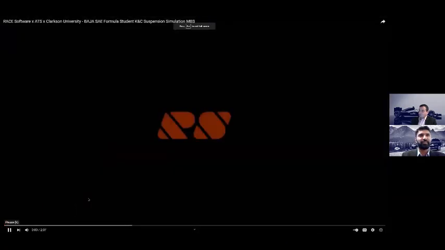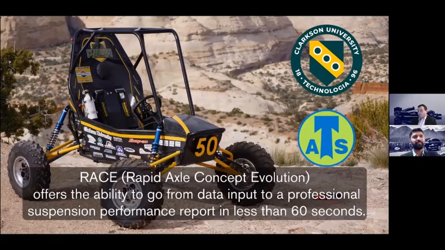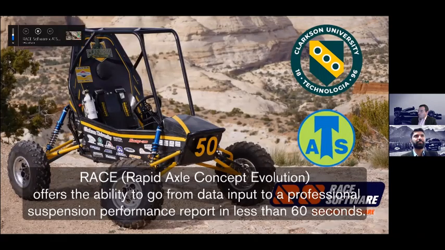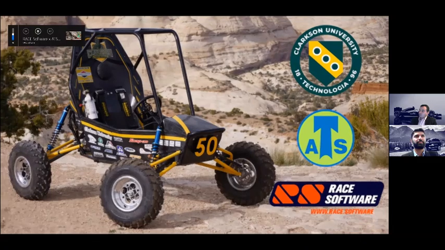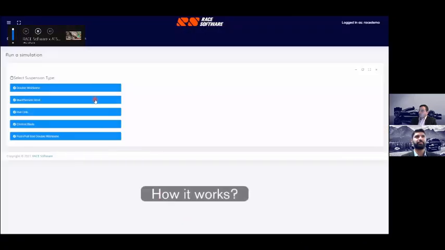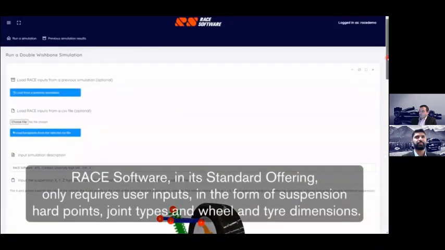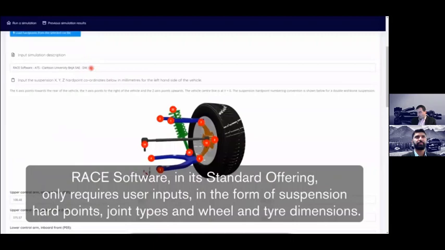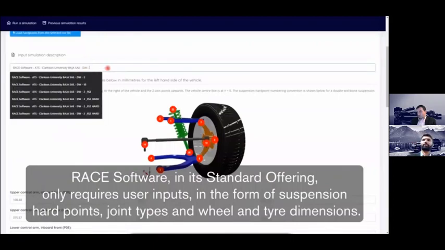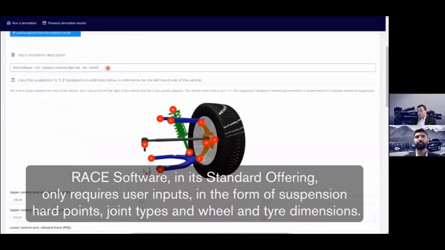see and hear. RACE, Rapid Axle Concept Evolution, offers the ability to go from data input to a professional suspension performance report in less than 60 seconds. So how does it work? RACE software in a standard offering only requires user inputs in the form of suspension hardpoints, joint types, and wheel or tyre dimensions.